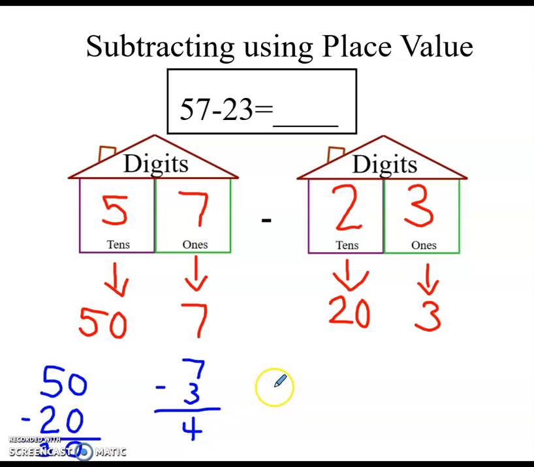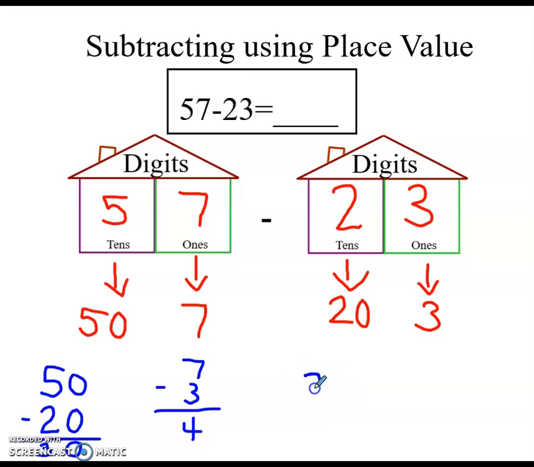But it gets a little tricky now because I have to end up adding in here. I know, I thought this was subtraction too. But when it comes to place value and subtracting, you have to end up adding your tens and your ones because this is just expanded form and we need to put it back in standard form.